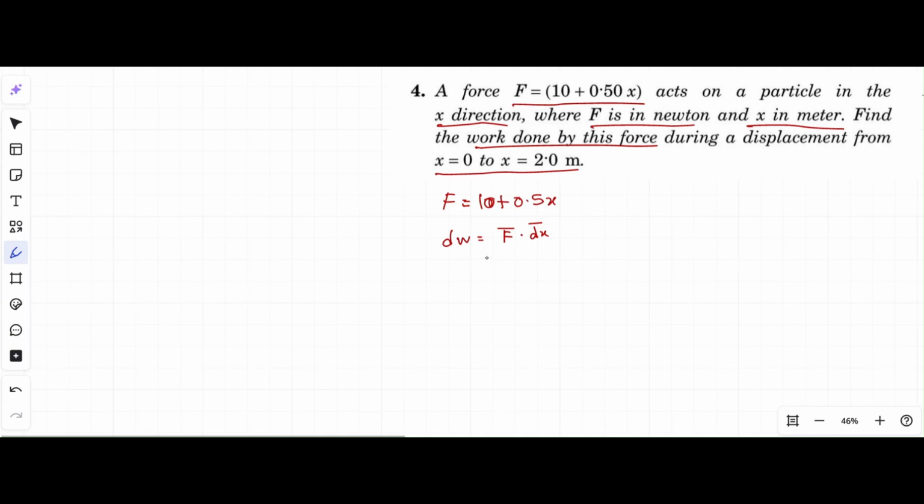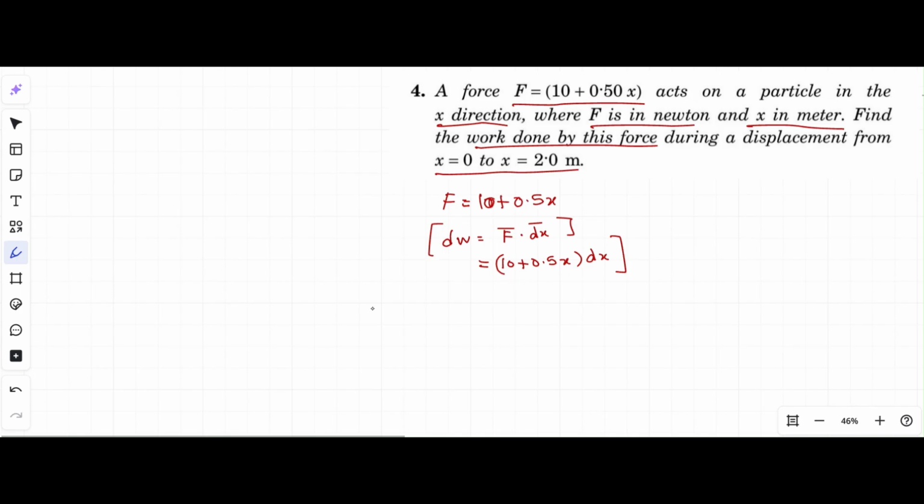So we can write it as 10 plus 0.5x into dx. Why I am using dW is because it is a variable force, and since we are going to integrate it, first we need to find the small work done. The small work done for some smaller distances, F bar into dx bar, that is 10 plus 0.5x into dx.